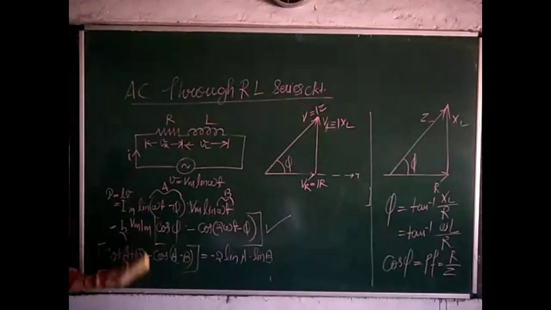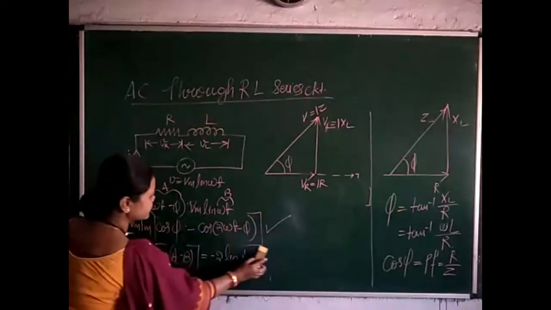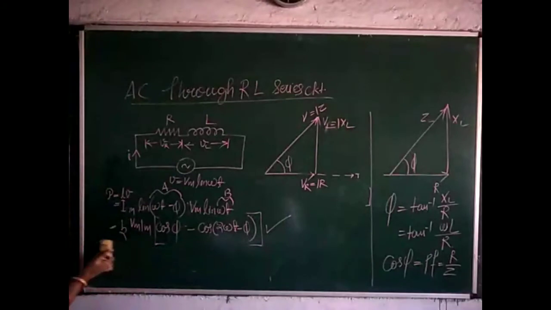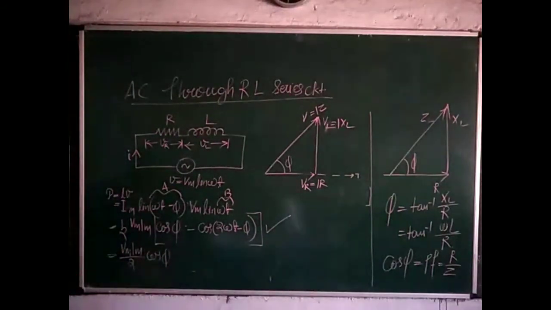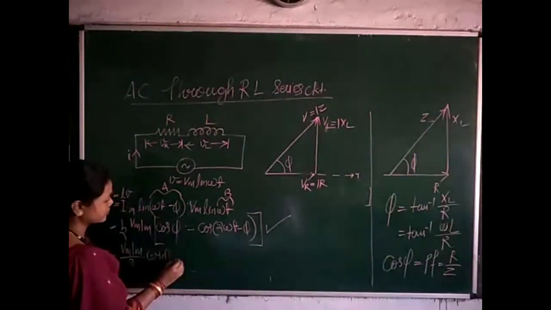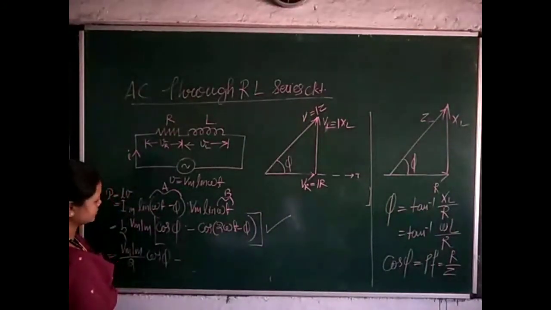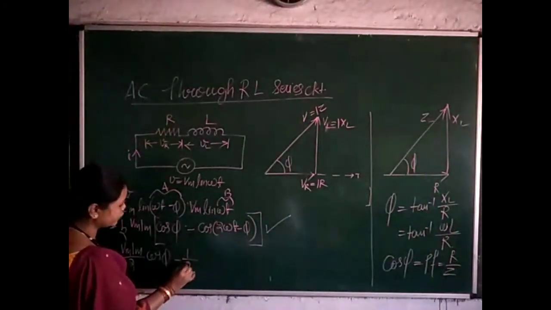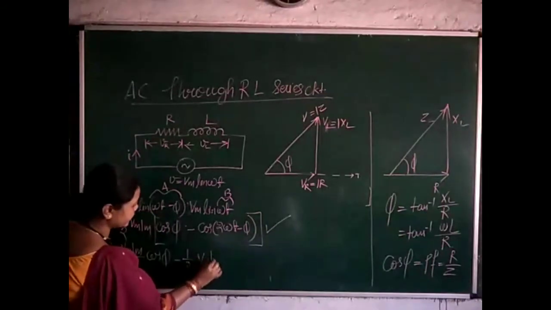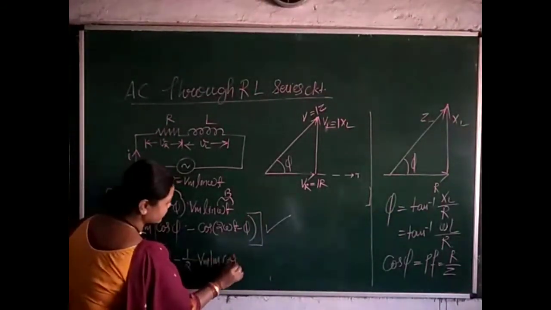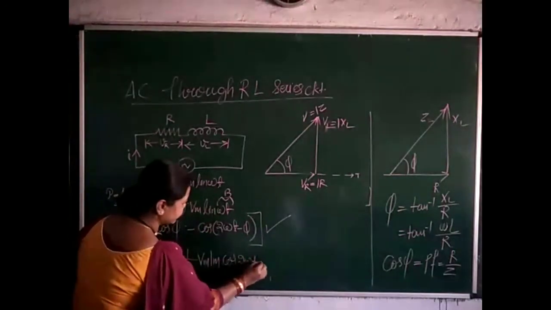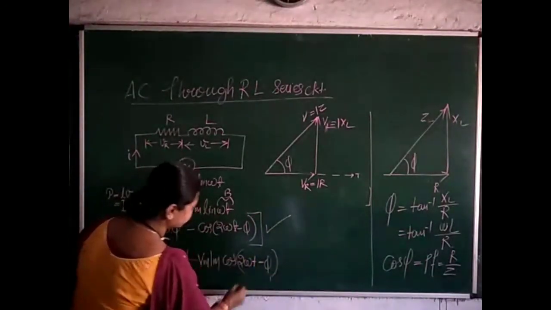So this equation consists of two terms. One term is Vm Im by 2 cos phi, and another term is minus 1 by 2 Vm Im cos(2 omega t minus phi).